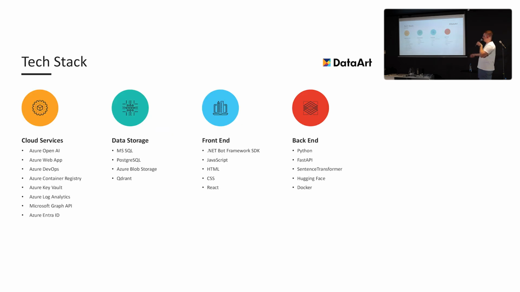The tech stack that we used is mostly connected to Microsoft, but Python is the main language for this solution, except for the Teams bot, where we use the .NET framework. For our service, it's kind of the front end.